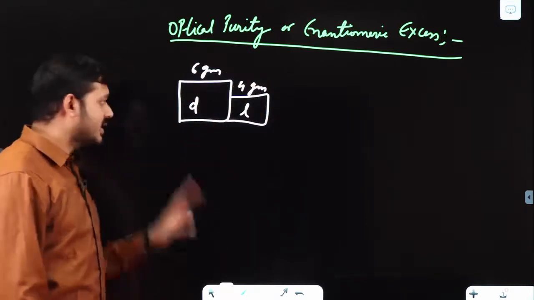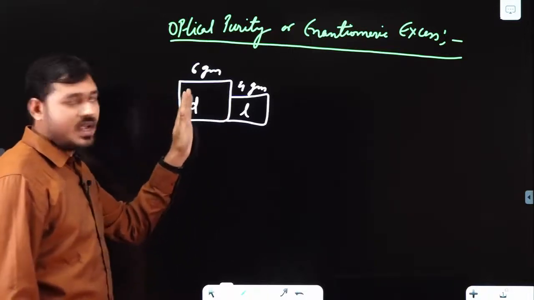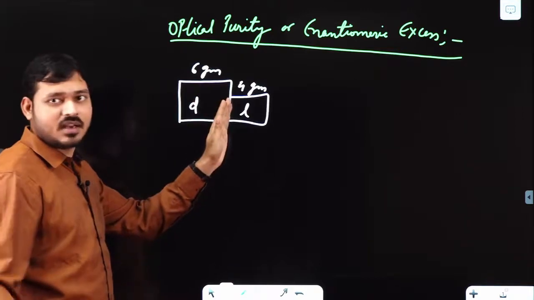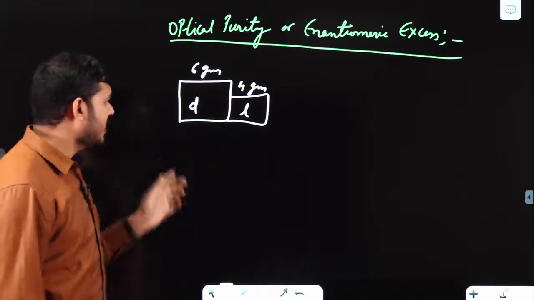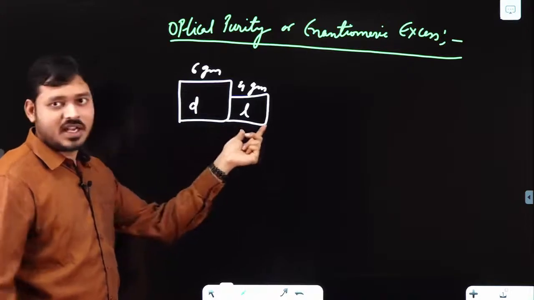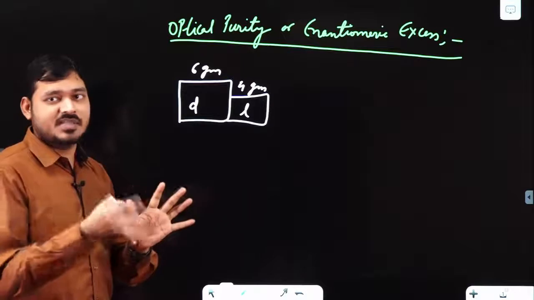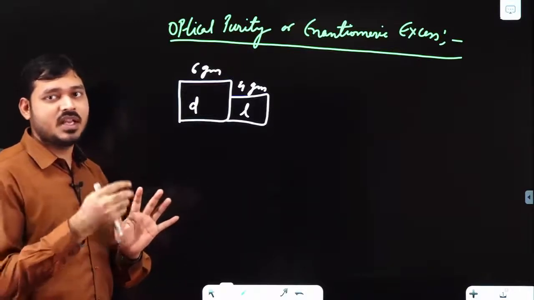You can see that one form has more quantity and the other has lesser composition. As we know, this will rotate plane polarized light clockwise, and that will rotate it anti-clockwise. If they exist in the same composition, it will be a racemic mixture and the solution will be optically inactive.